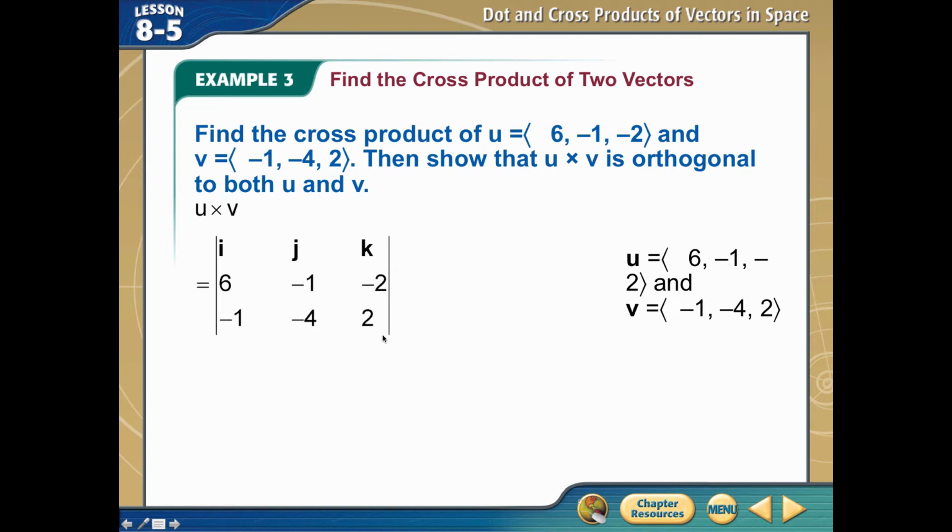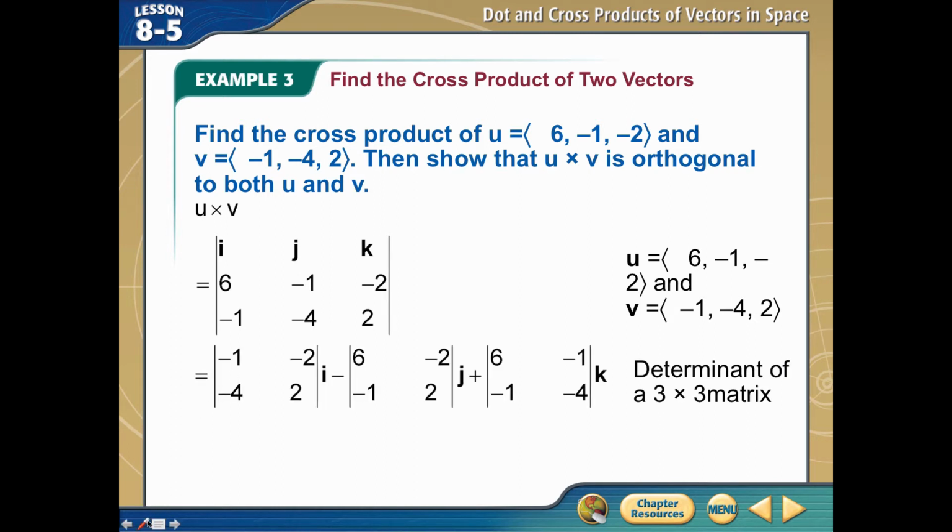Now we're going to break this 3 by 3 matrix into 3 2 by 2 matrices. And it looks complicated, but it's really not. What we're going to do is when we take I and put it behind this 2 by 2 matrix, we're taking these 4 terms and putting them into the 2 by 2 matrix.